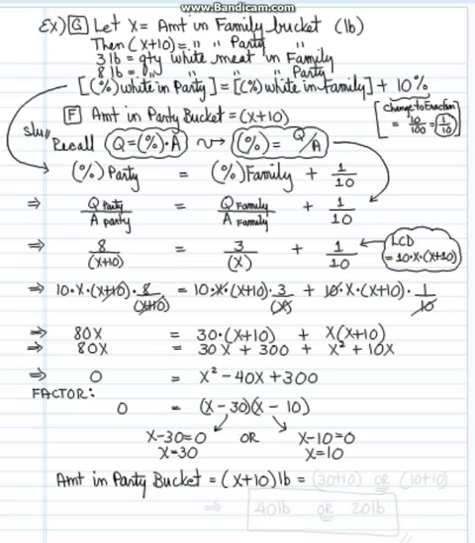So that's equal to 30 plus 10, or 10 plus 10, which implies we've got 40 pounds or 20 pounds. So you see, we get two solutions in this problem. We can satisfy all the conditions with a 40-pound party bucket or with a 20-pound party bucket.